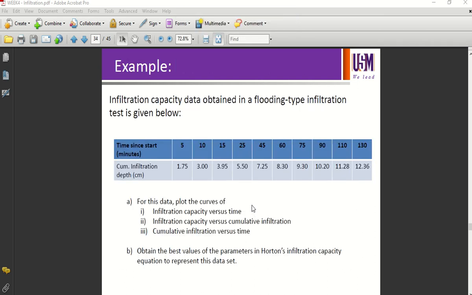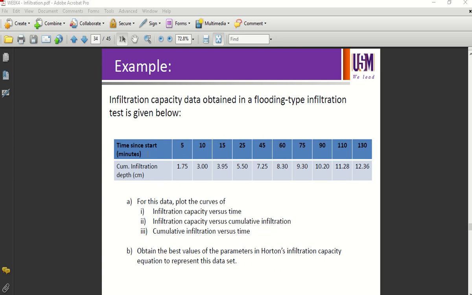Let's say we have this example where you've collected the data from the infiltrometer, and this is what you get after 130 minutes. This is the cumulative infiltration depth.